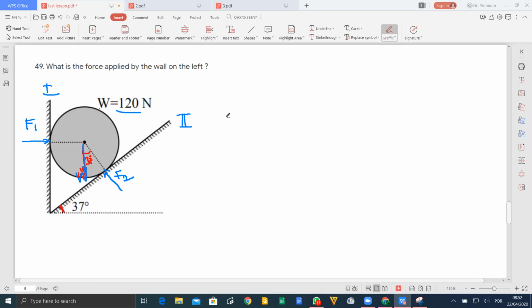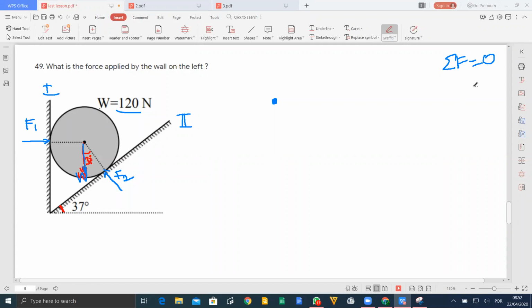To solve this problem, as I told you, we need to draw the free body diagram to understand the relationship between them, because if the question is related to equilibrium, you need to remember two things: first condition and second condition. The first condition is total F is equal to 0.